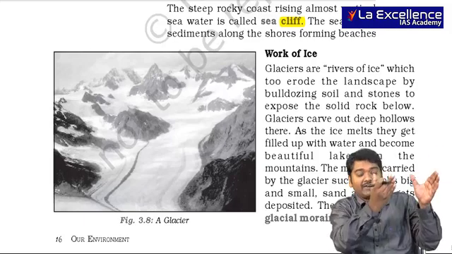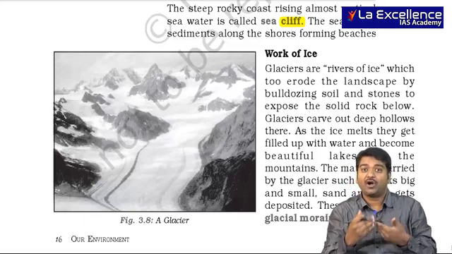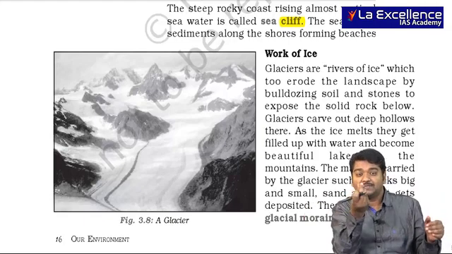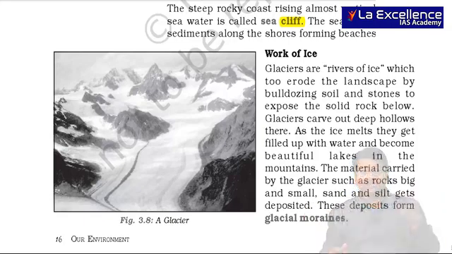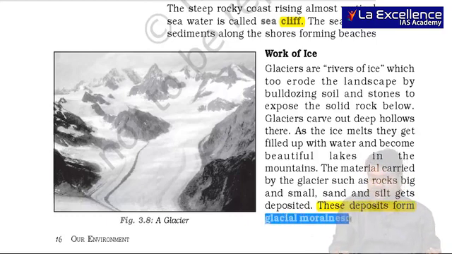Because of that, there will be some scratches found below. That is what we usually call the erosion of the glaciers. Now these particles will be deposited. They may be of different sizes, and these deposits are called by different names, and one such is glacial moraines, which I will be explaining in further classes.